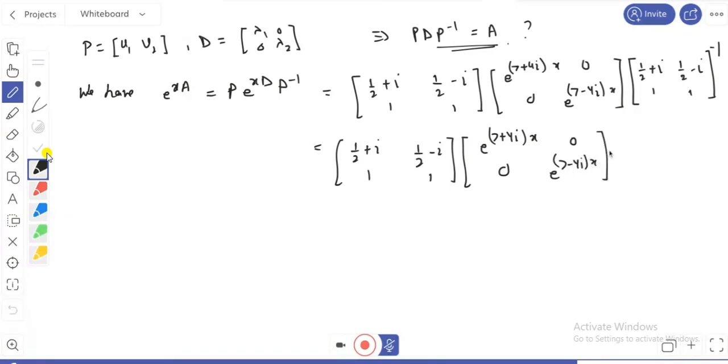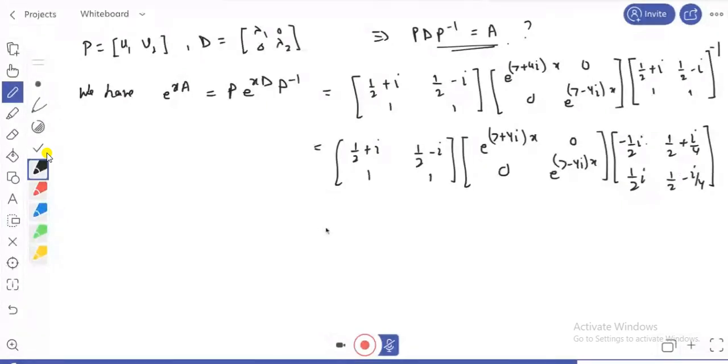And what is the inverse of that? If you try to find the inverse, it is this i, and this is half i, and here 1 by 2 plus i by 4, and here half minus i by 4. Okay, so this is the inverse of that matrix.